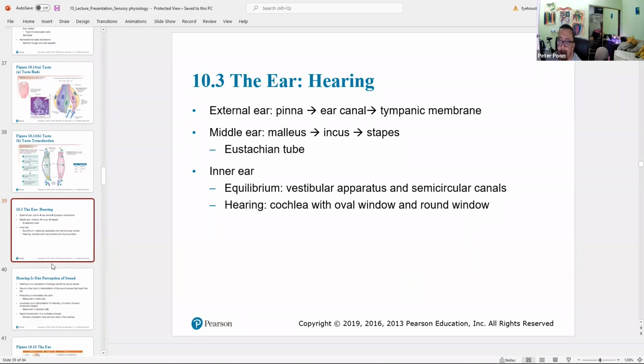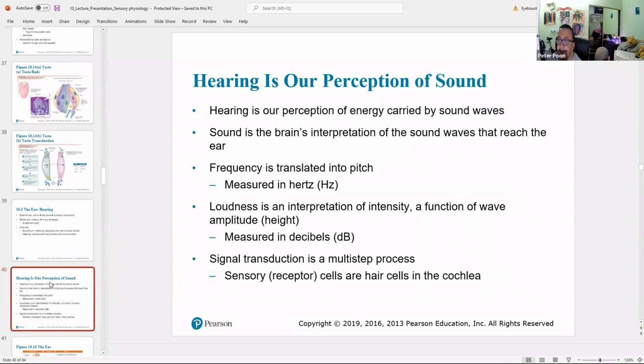2.3 hearing. So let's talk about hearing. Hearing is our perception of energy that's carried by sound waves. Sound is the brain's interpretation of the sound waves that reach the ear.